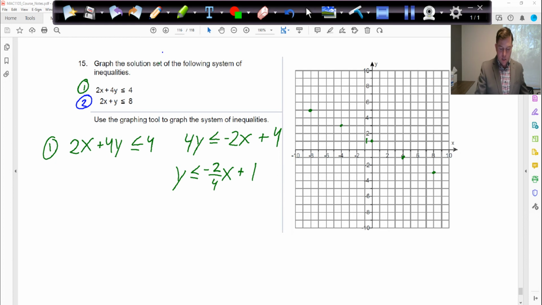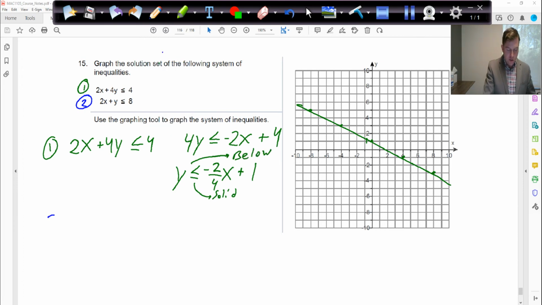And this is going to be a solid line because of the equal to bar. So it's going to look something like this. That's line 1. And we're going to shade below it because it's less than.